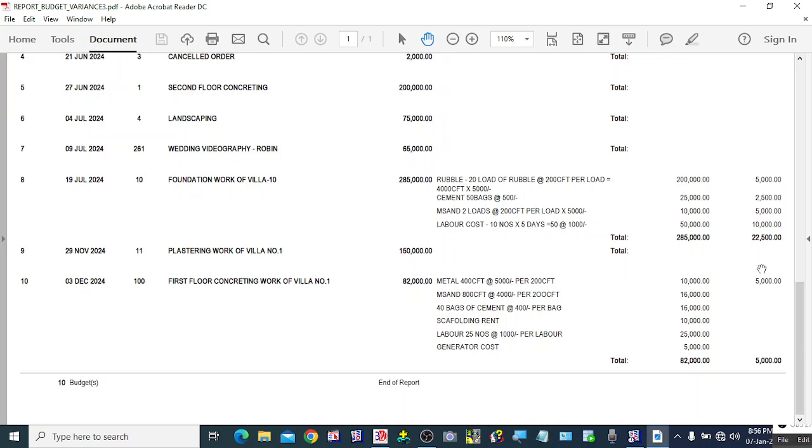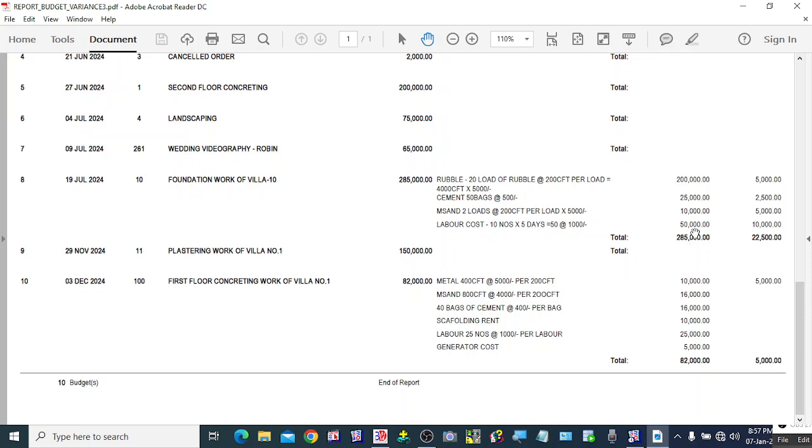If any of the actual cost incurred exceeds the budgeted figure, we can very easily identify the variance, and we can also take corrective measures with the help of this variance report.